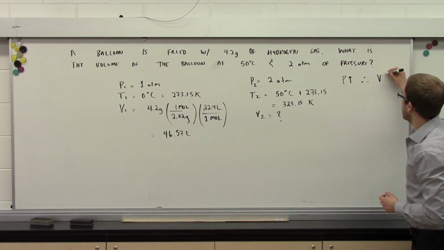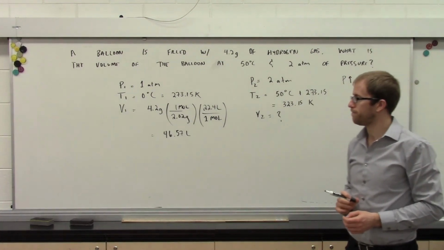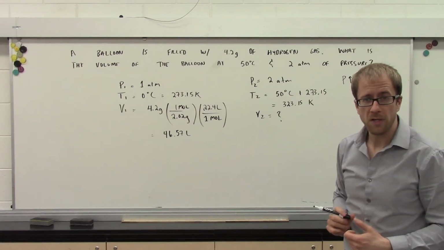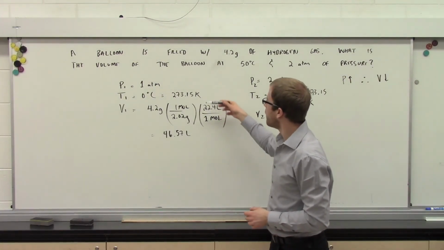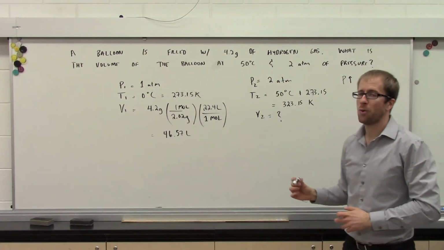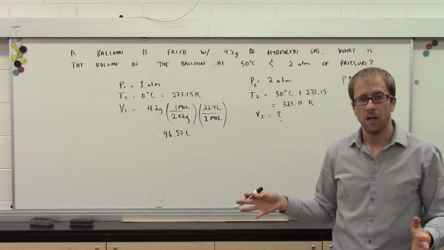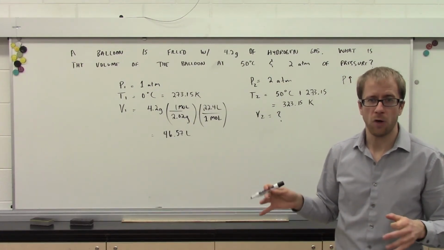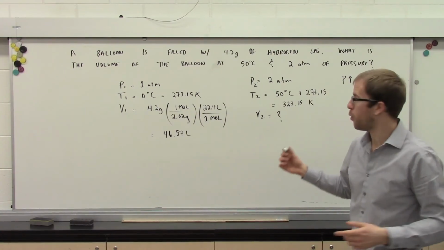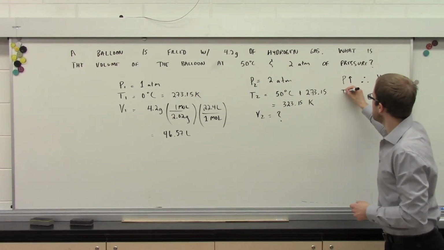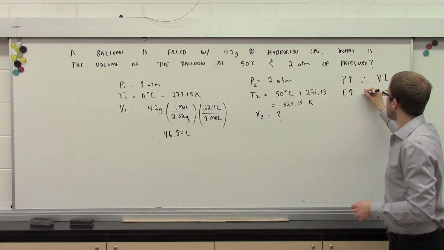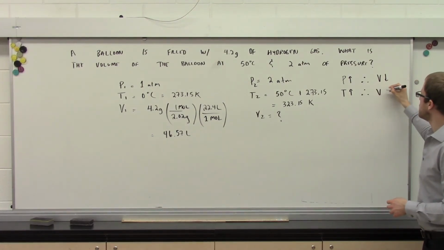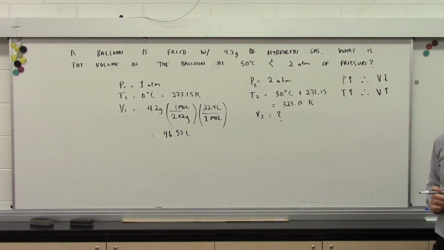It's going to go down because they are inversely proportional. What happened to our temperature? Our temperature went from 273 to 323. It went up. And temperature and volume are directly proportional. So by increasing our temperature, therefore we will increase our volume.